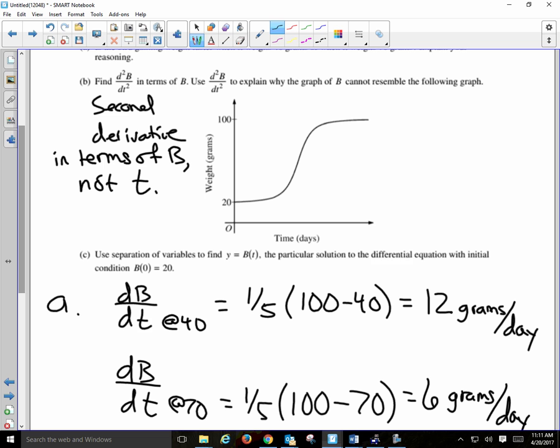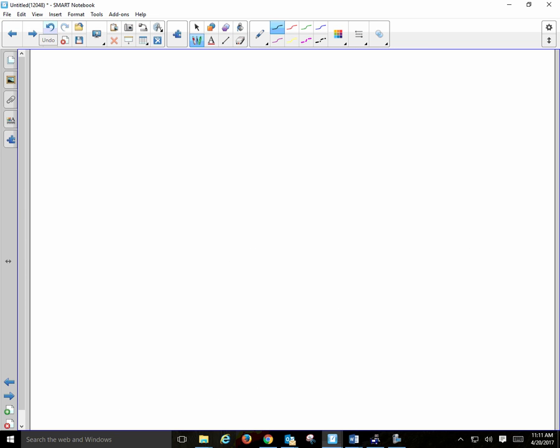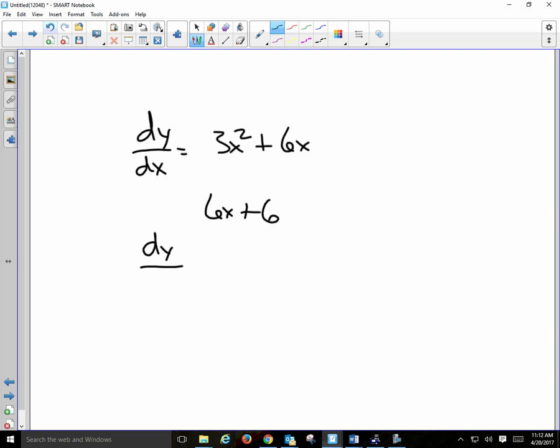because let me show you an example here, okay? Suppose I have dy over dx is equal to 3x squared plus 6x. What would the second derivative be? Right? Let's change that. Suppose dy over dx was equal to 3y squared plus 6y.